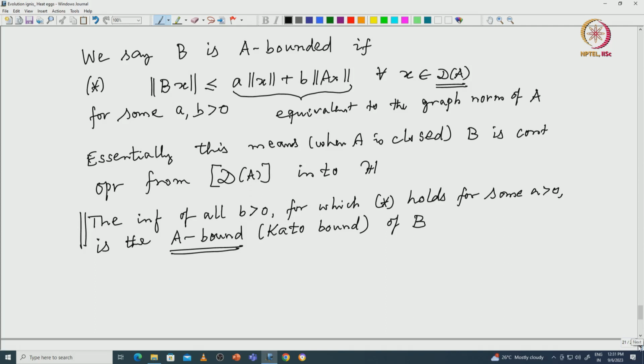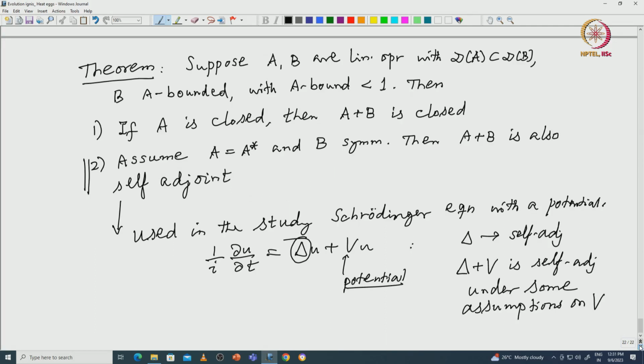Okay. So, let me just make one remark. A closing remark. Here we have assumed this Kato bound is less than 1. Okay. So, there are results which will go up to A bound equal to 1.